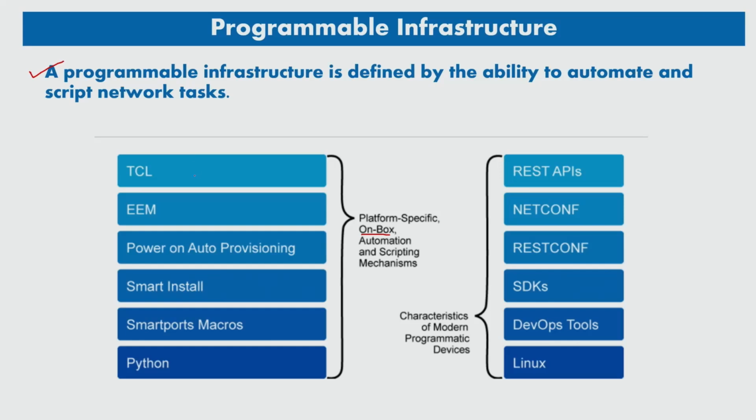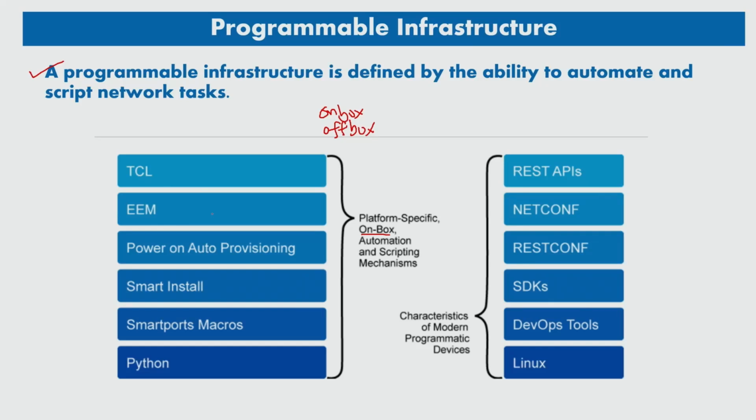Okay, so a programmable infrastructure is defined by the ability to automate and script network tasks. As shown here, there are two types of network programmability. First is on box, and the other one is off box. So what's the difference?